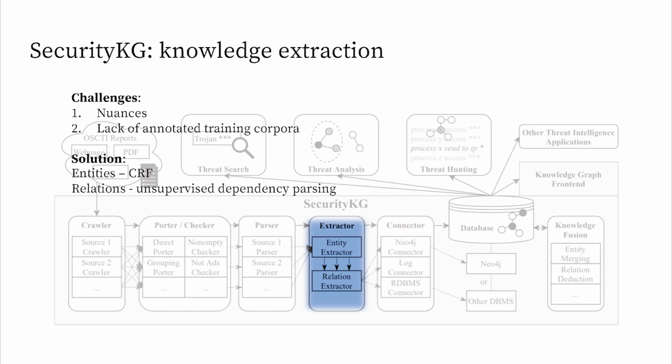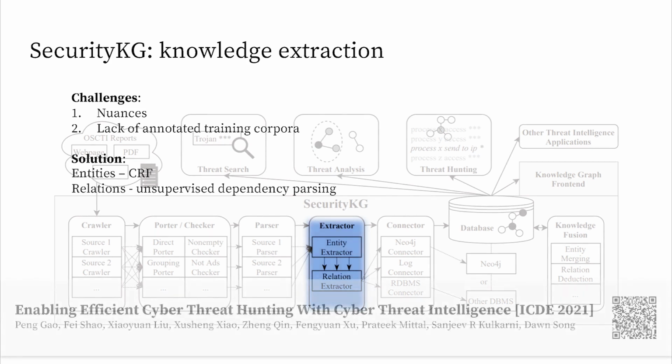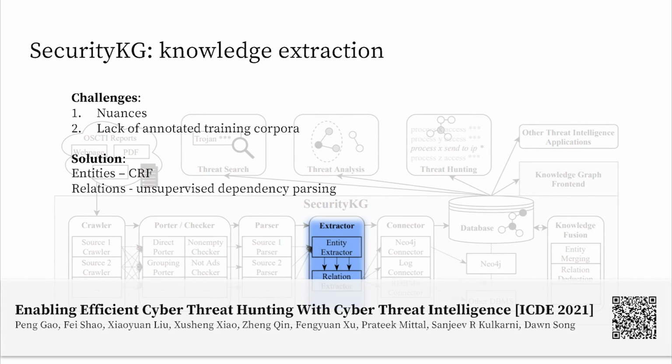To address the first challenge, as this nuance mostly exists in IOCs, we use a method called IOC protection proposed in our other work, replacing IOCs with meaningful words in natural language context and restoring them after the tokenization procedure. This way, we guarantee that the potential entities are complete tokens.